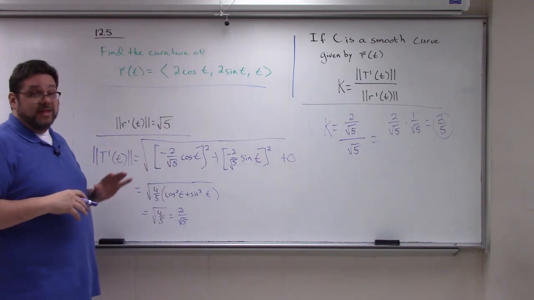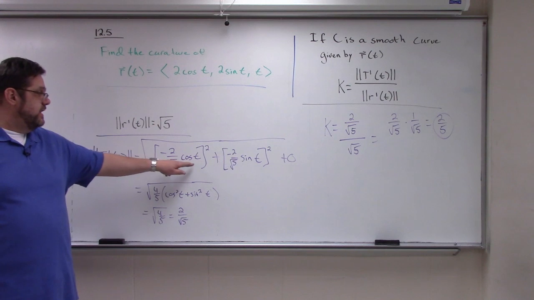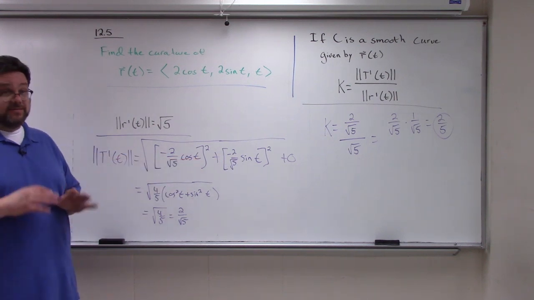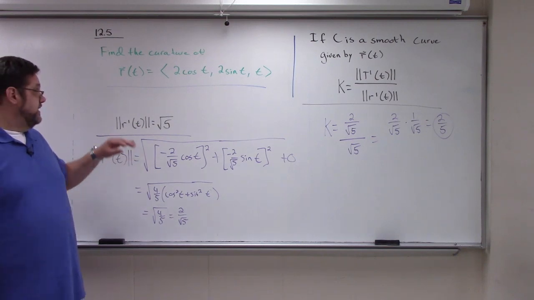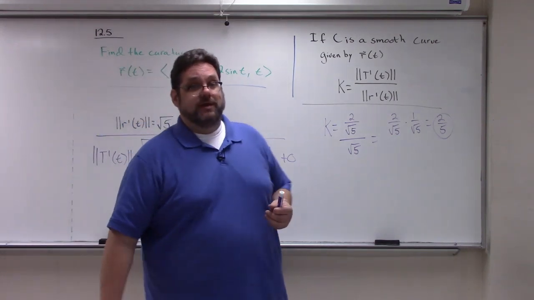Now, I'll tell you, a lot of people like this because if you look at this, all the way through, we never had to deal with the chain rule thing on our t, and that's nice. Especially if the magnitude of r prime is very nice to deal with, this method works great.